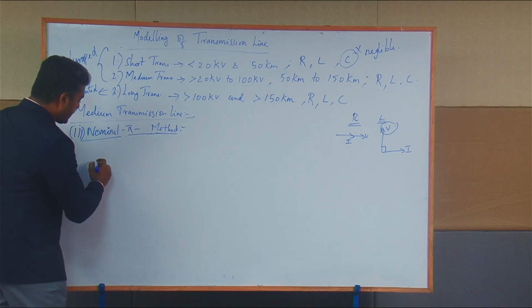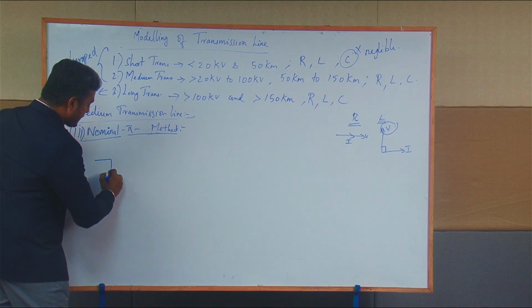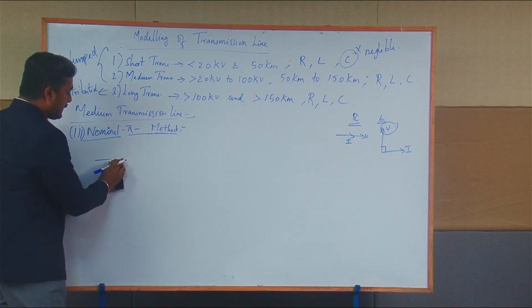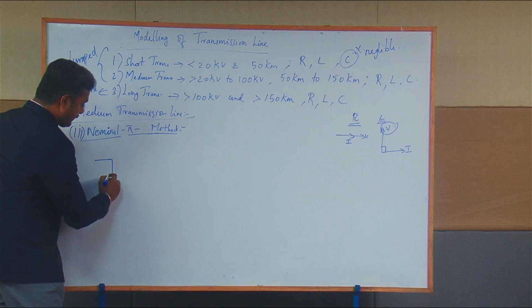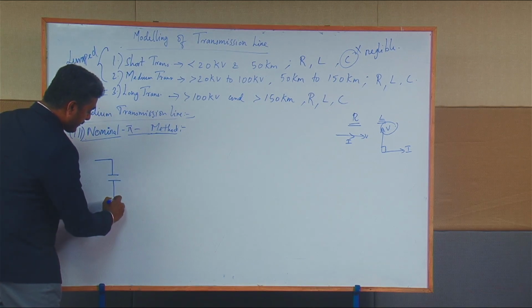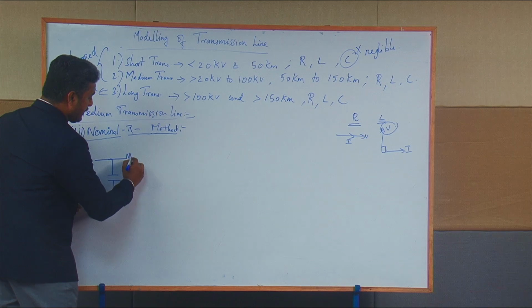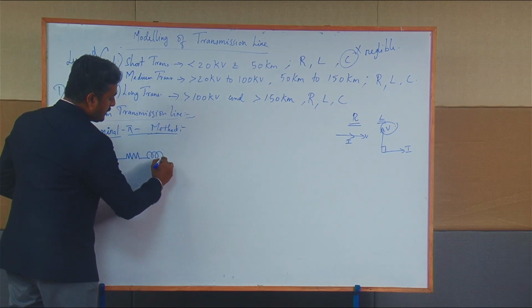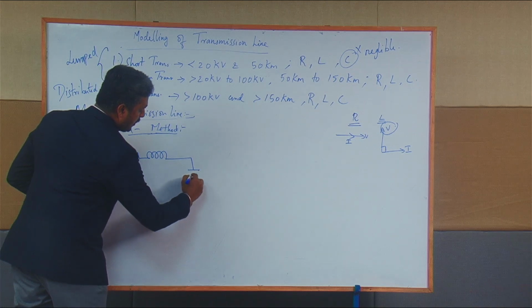In the nominal pi method, you will be placing the capacitance near the sending end and near the receiving end of the load.